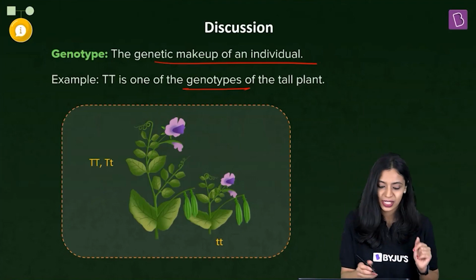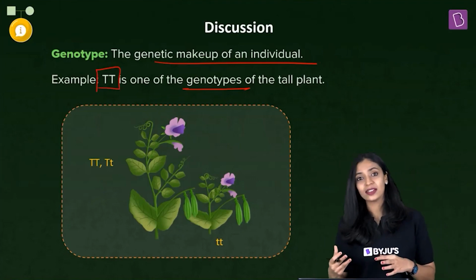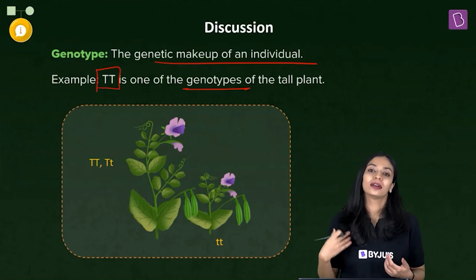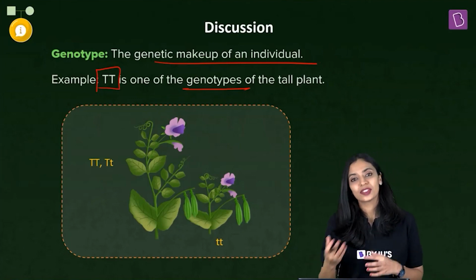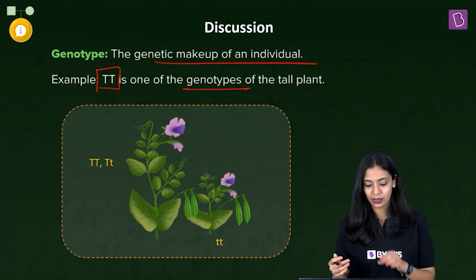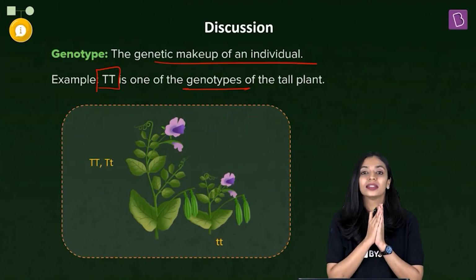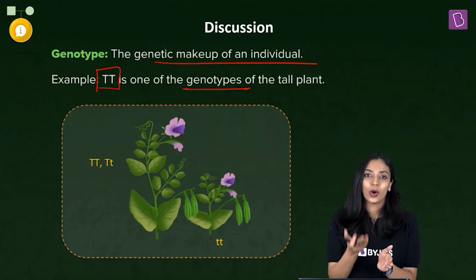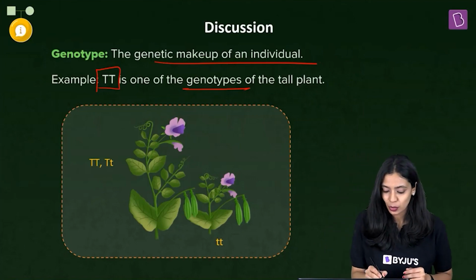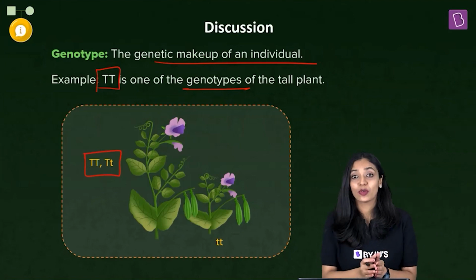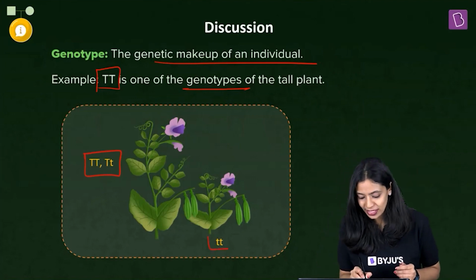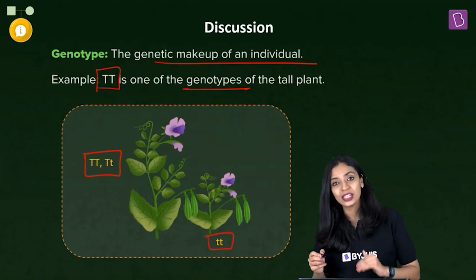It is usually represented by means of letters. If it is a dominant allele, it's represented as a capital letter generally. If it is recessive, it's represented as a small letter. So since in pea plants tallness is dominant over dwarfness, you have capital T capital T and capital T small t, which are genotypes for the tall pea plant, and small t small t is considered to be the genotype for the dwarf pea plant.